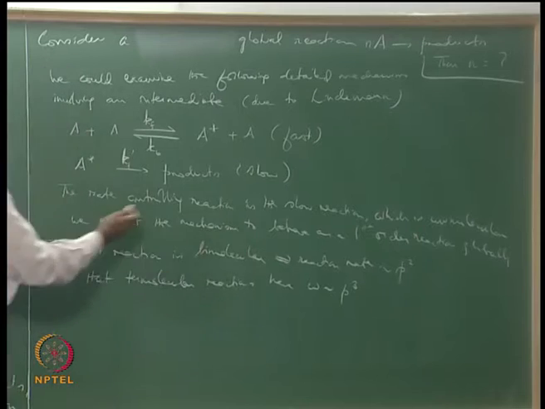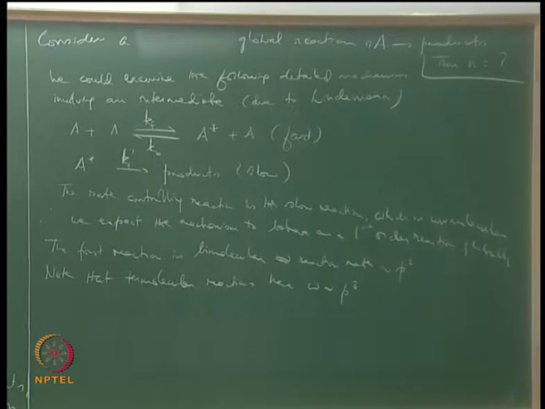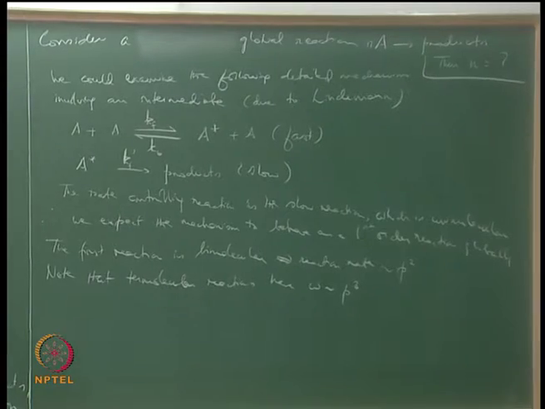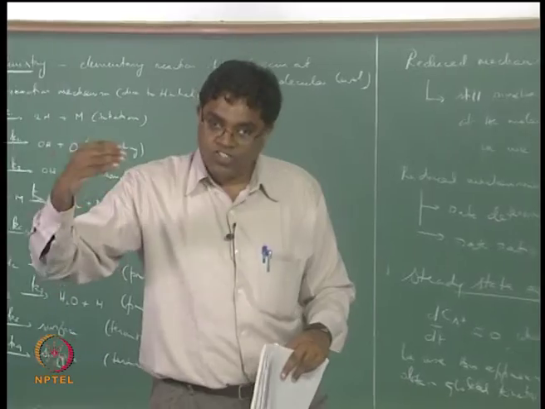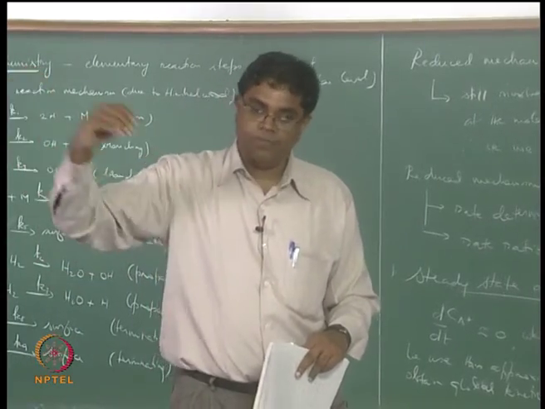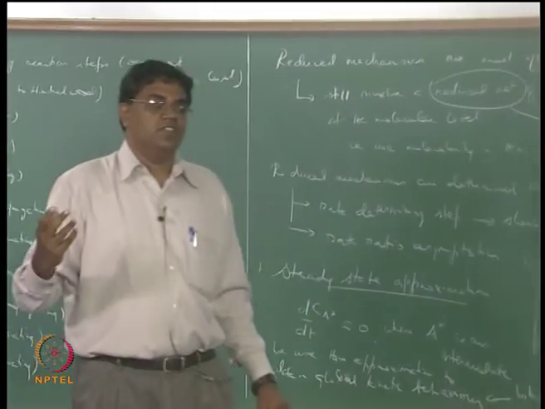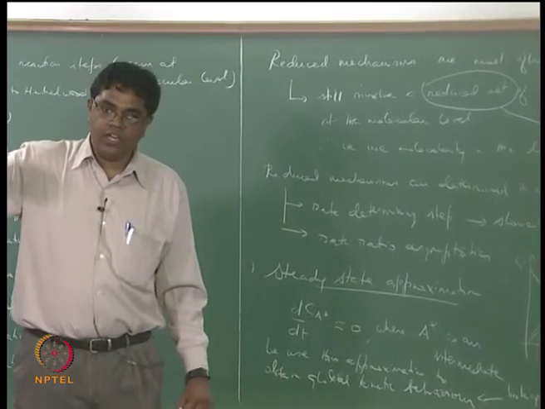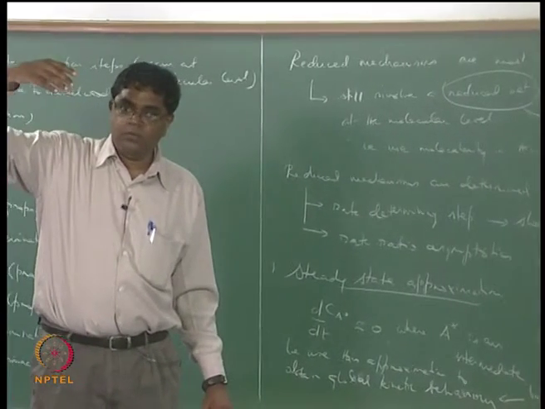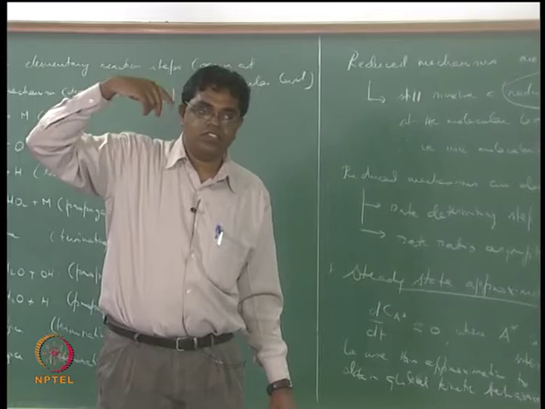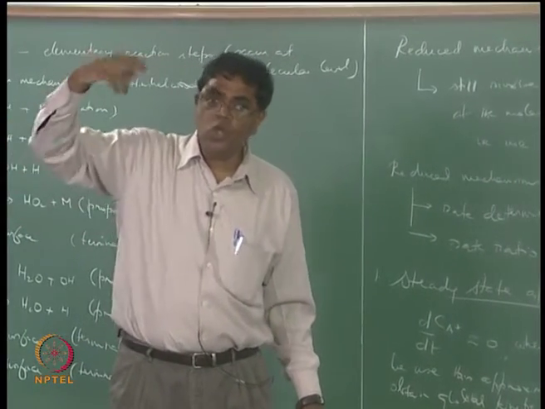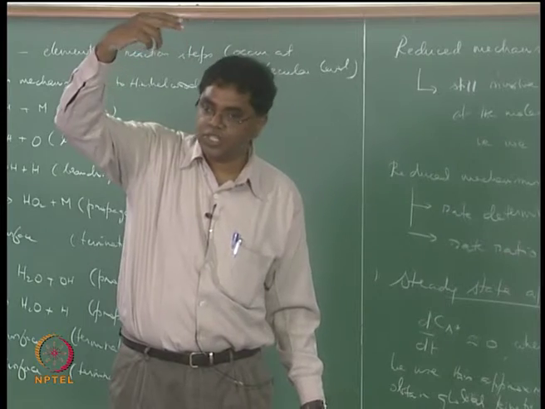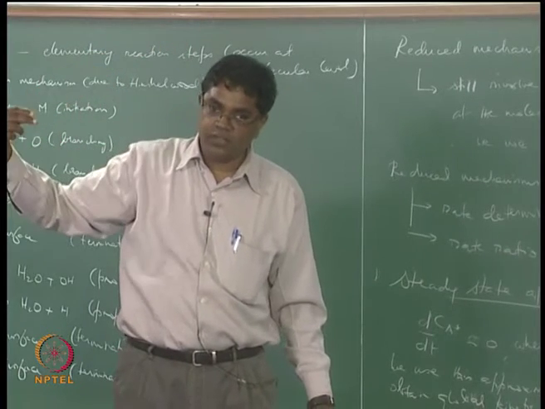If you have p squared, then termolecular reactions, of course we are not looking at termolecular reactions here, I'm just mentioning this because it is going to go as p, p squared, or p cubed. If you are working at a high pressure, then p squared is going to be a lot more sensitive when compared to p, and p cubed is going to be a lot more sensitive to pressure than p squared and then p.